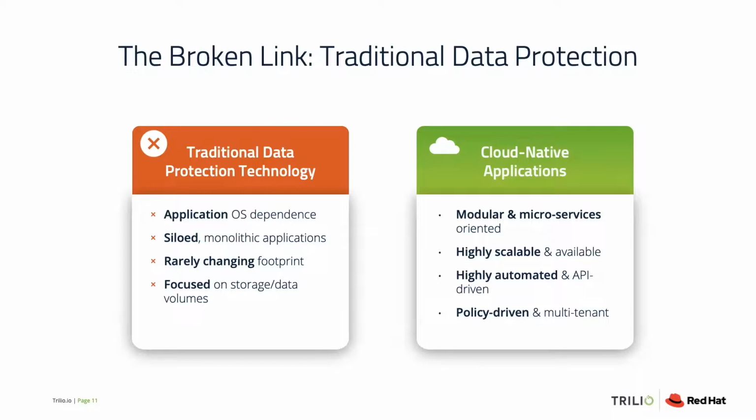As a result, the legacy technologies that were doing data protection are not going to be able to support the new architecture of the applications, and also the new mentality and philosophy in which these applications are getting built by the dev and the ops teams together.